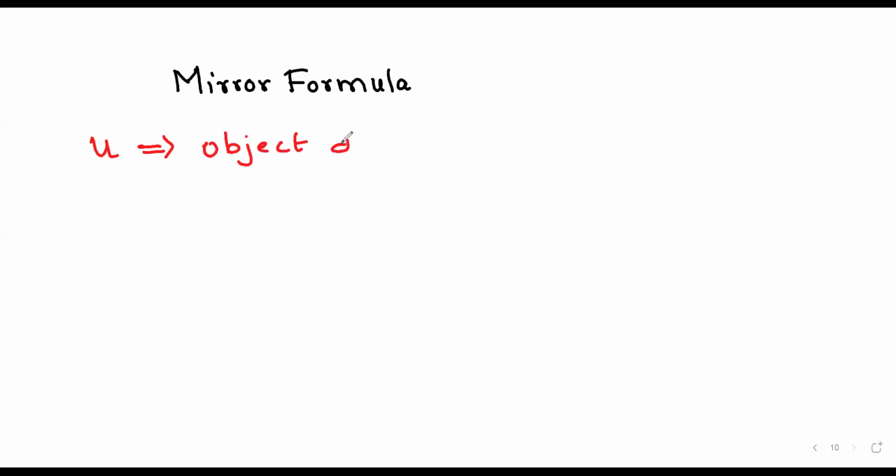Now in reflection, the only part which is left is the mirror formula. There are 3 different terms. U stands for object distance, that means the distance of the object from the pole.